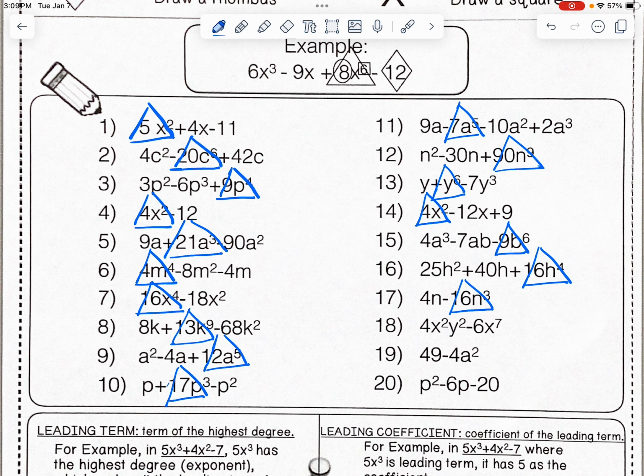Okay, we'll skip 18, coming back to it. 19 would be 4a to the 2nd, and 20 would be p to the 2nd.